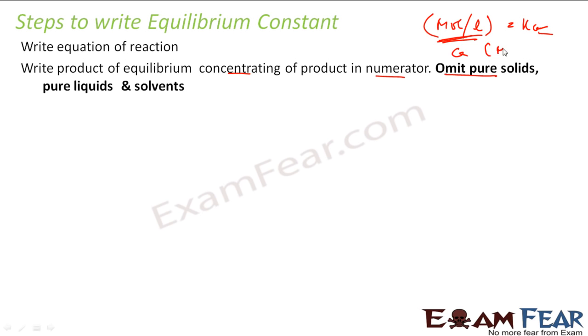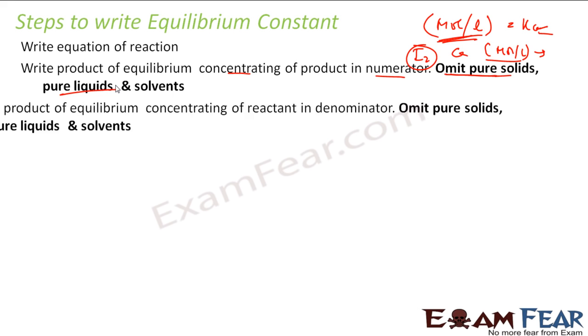For calcium, moles per liter will be the same, whichever calcium you take. If you take iodine gas, then moles per liter will change. It may depend on the volume of the flask, but for iodine liquid, the moles per liter will be constant. So since they are constant, we omit those parts. We'll discuss more on this in the next slide when we talk about this question.